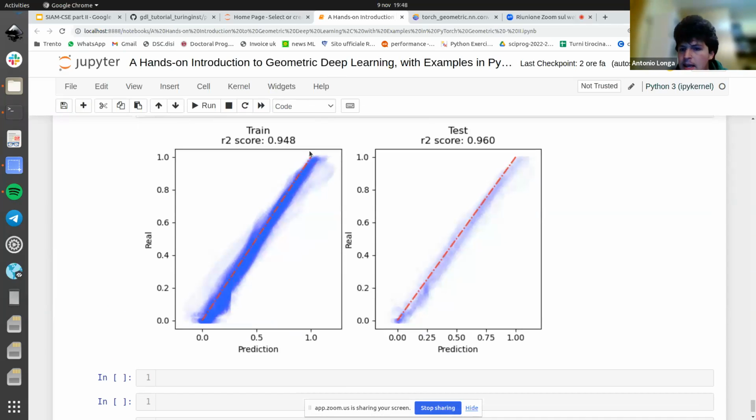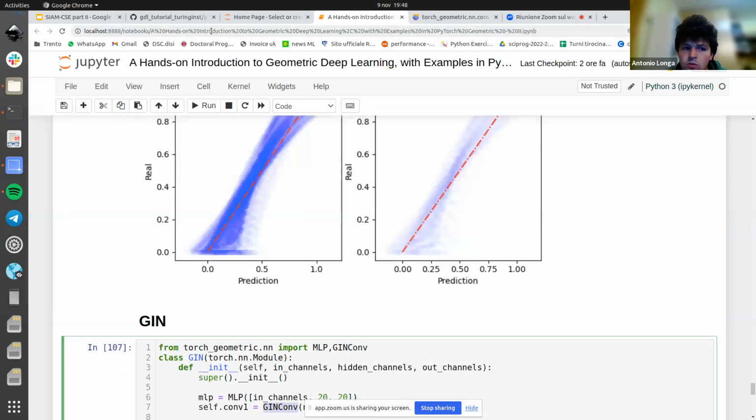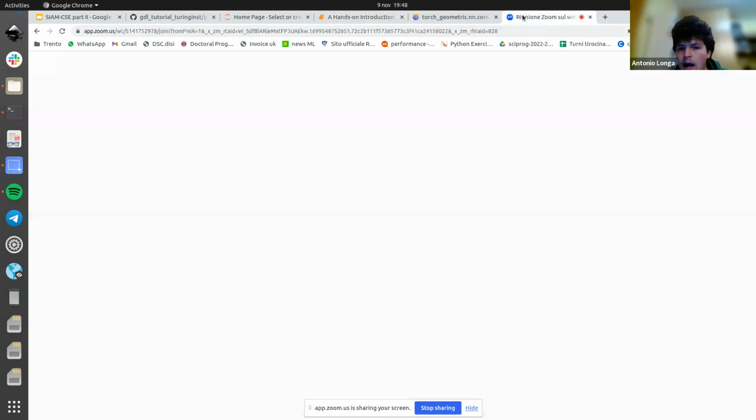And yes, this is what I would like to present to you. I hope this gave you a general idea of how this model works, and that you can do really a lot of stuff if you understand how this library works. Then it's quite easy to run it.